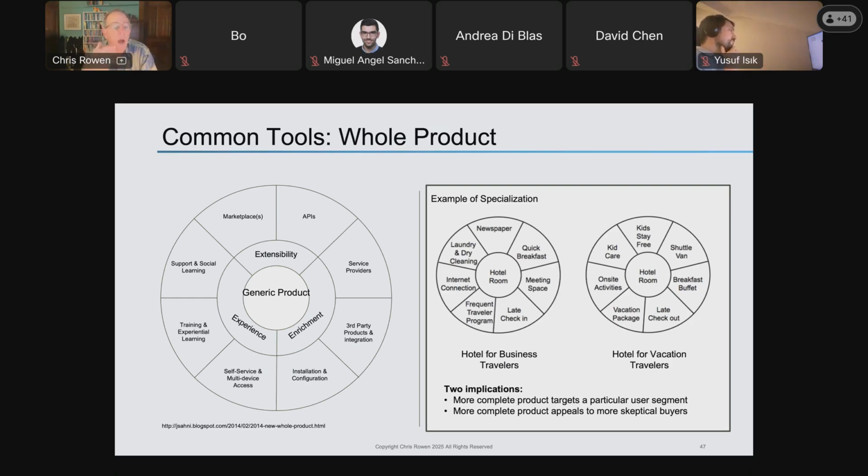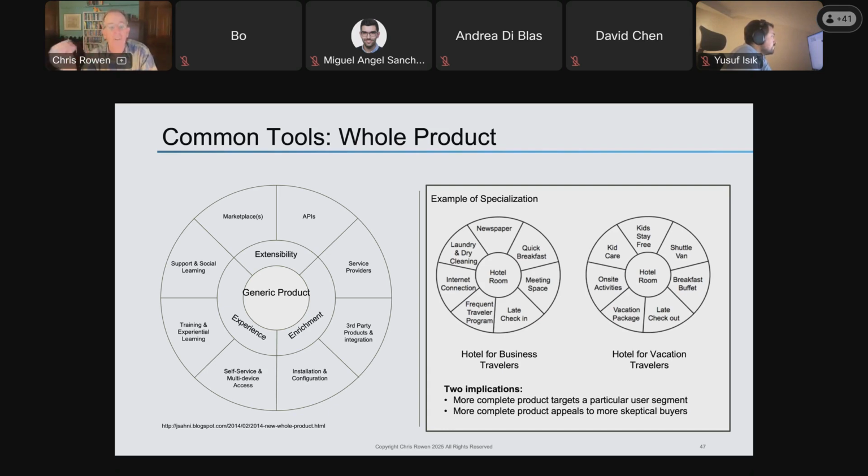You may say, oh, I'm going to create a marketplace around this so people can exchange elements which leverage the core product, or I'm going to provide additional learning, training opportunities, or I have additional support for configuration and installation, maybe by my own team, maybe by a partner who does that.